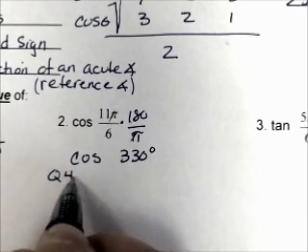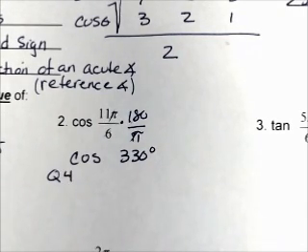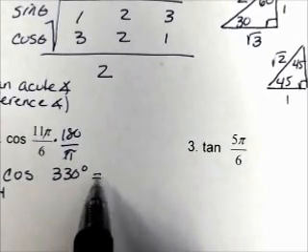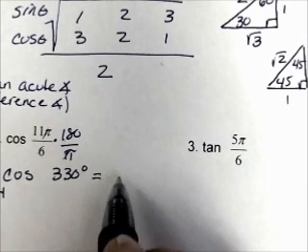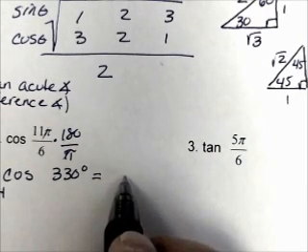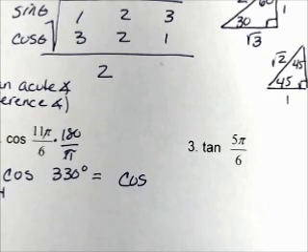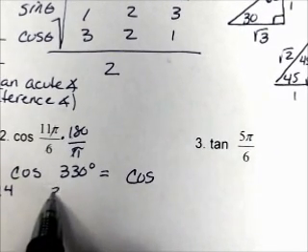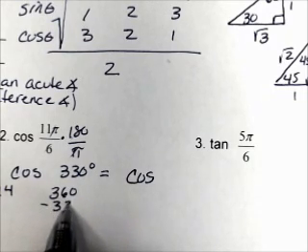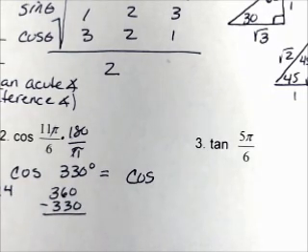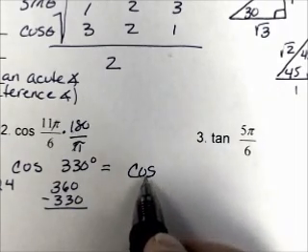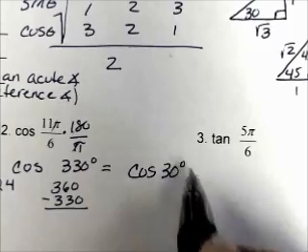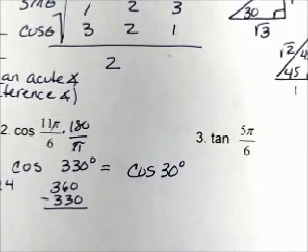Quadrant 4. In quadrant 4, is cosine positive or negative? It's positive, so this is going to be equivalent to positive cosine. I'm not going to write positive though, just cosine of our reference angle. To get our reference angle, in quadrant 4, we would take 360 minus the 330. So our reference angle is 30. So cosine of 330 is equivalent to cosine of 30 degrees. Now evaluate it.